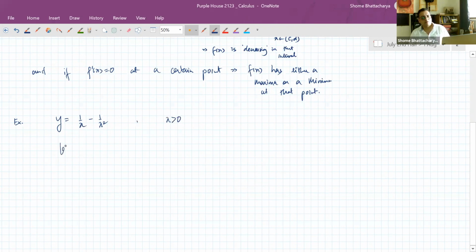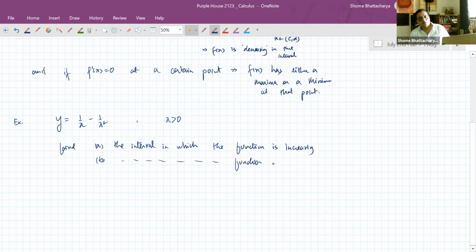Now we have to find the interval in which the function is increasing, then the interval in which the function is decreasing, and any point at which the function y has a maxima or a minima.